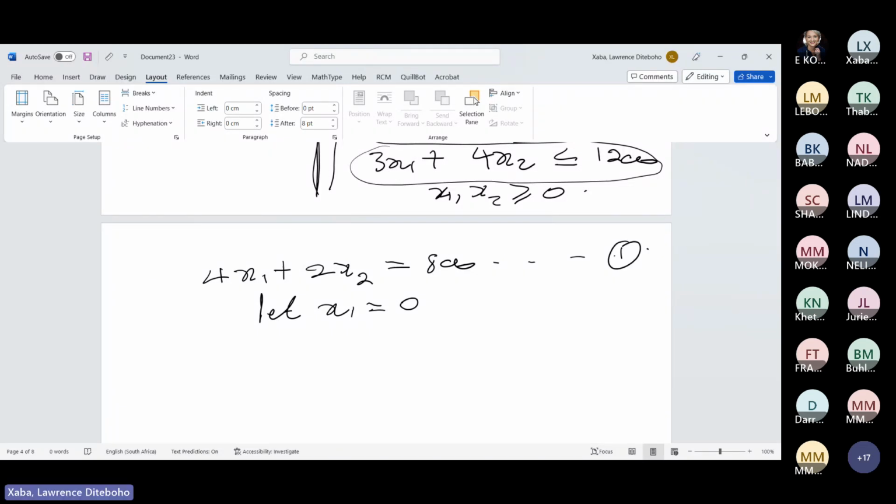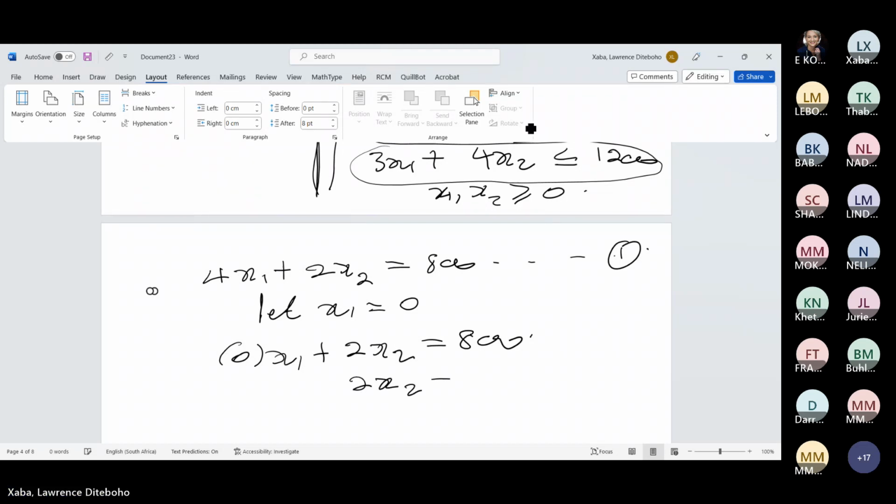So where we see x1, we can put 0. So in this case, we'll have 0 there, x1 plus 2x2 equals to 800. But our interest is to have x2, so we'll have to get rid of this 2. How are we going to do that? Let me just repeat it, just to make it easy. We divide both sides by 2.